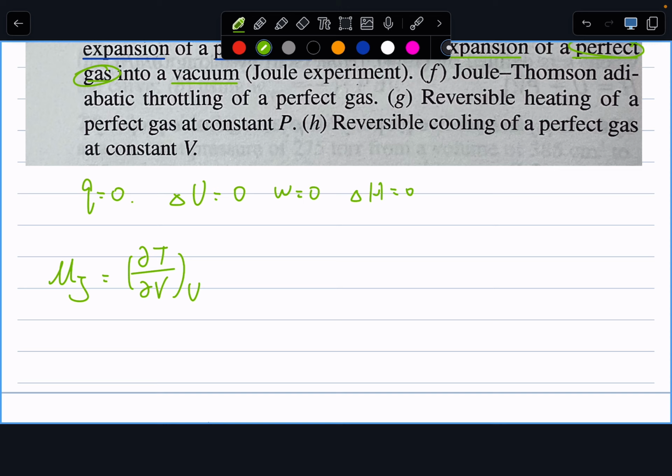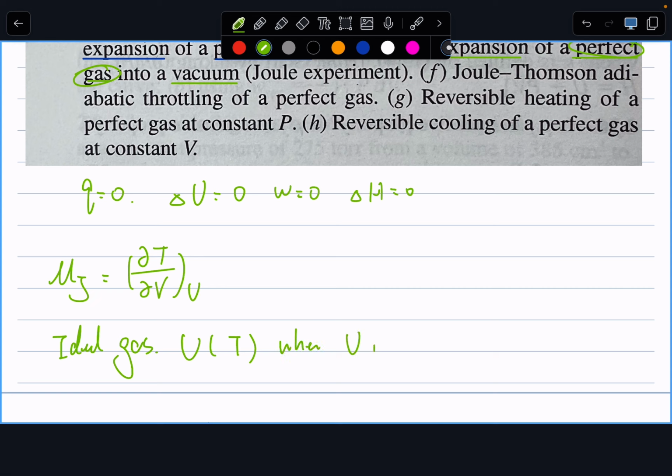Now, think about it. For ideal gas, what is the Joule coefficient? What we know about ideal gases is that my internal energy is only a function of temperature.